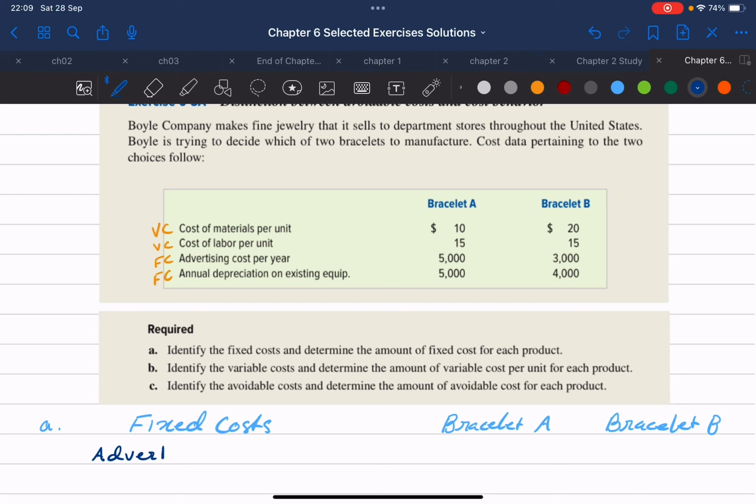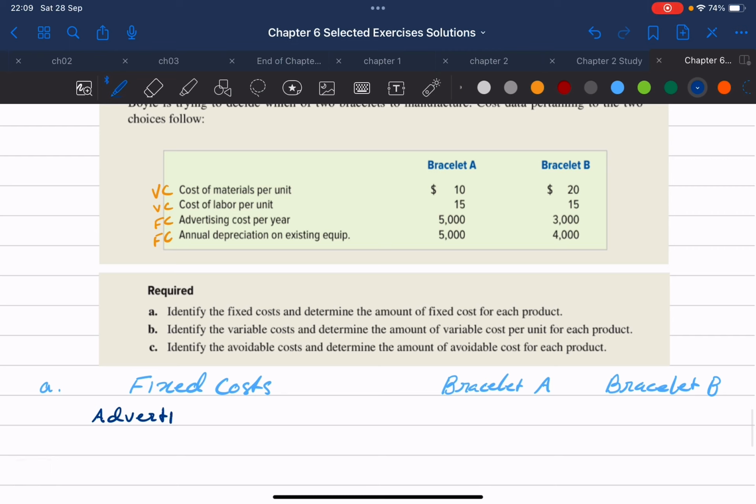Advertising costs. For bracelet A, it's $5,000. For bracelet B, it's $3,000.